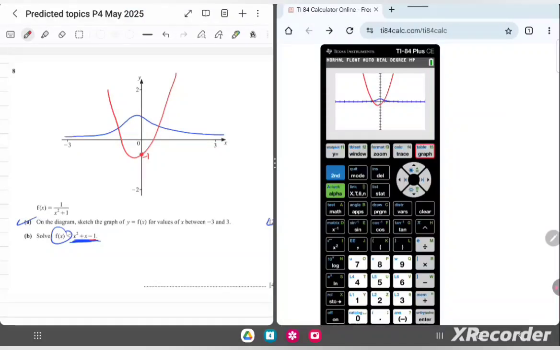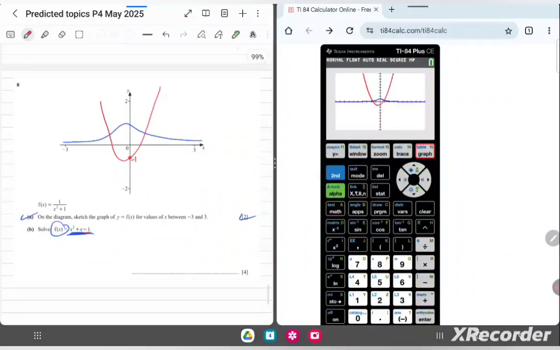Now how to find this type of question, because it's popular in exams, you may find similar. We need to find the solution of this, where exactly f of x is less than this one. It means from this point and to the right, you will notice that this blue line is less than the red line.